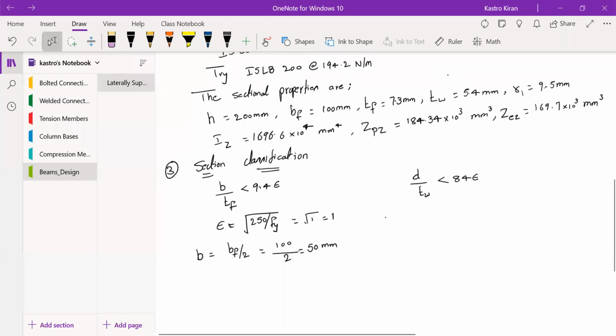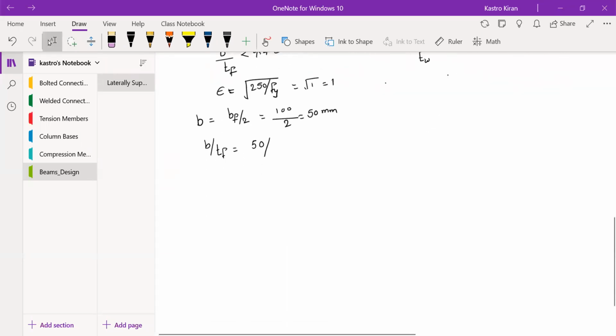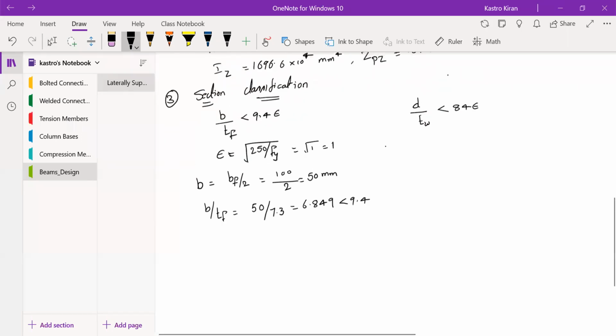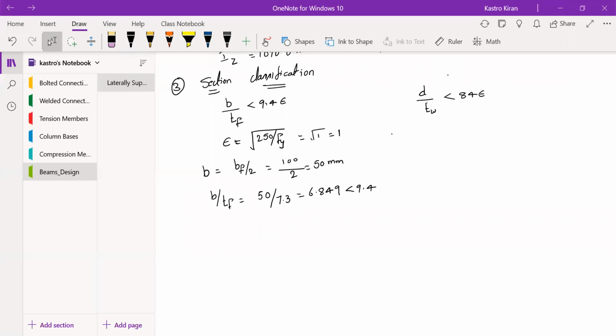Now B by TF equals 50 upon TF, the thickness of the flange, which is 7.3. If you calculate, you will get 6.849, which is less than 9.4 epsilon, where epsilon is 1. That's fine.